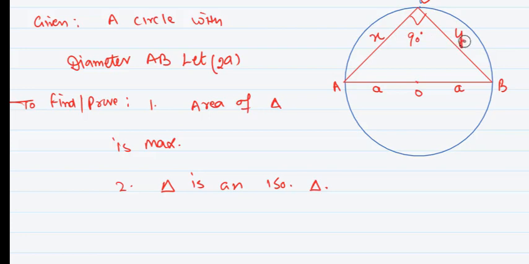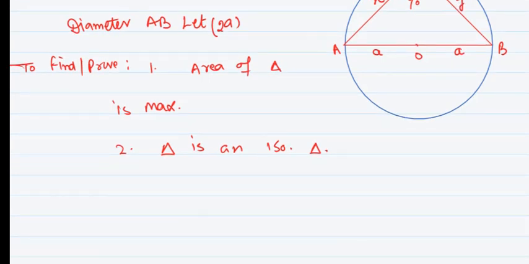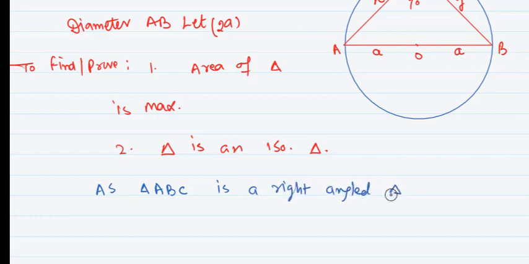This relation can be maintained by again using the property of a right angled triangle, and that is the Pythagoras theorem. Okay, so first of all, let us go for the Pythagoras theorem to get the relation between x and y. So let me explain it. As triangle ABC is a right angled triangle because it is a triangle in a semicircle.